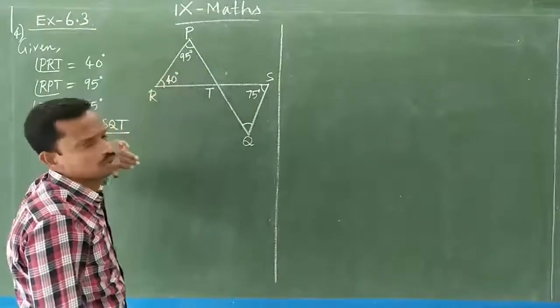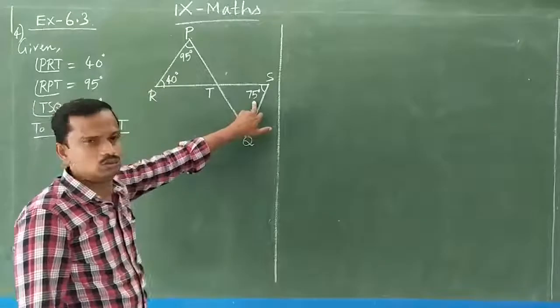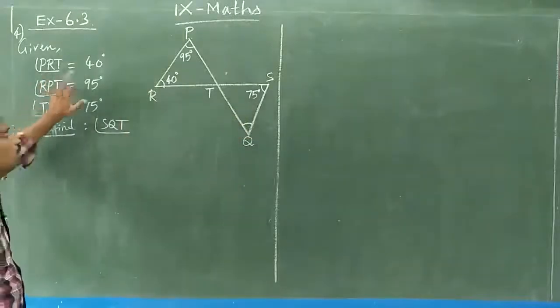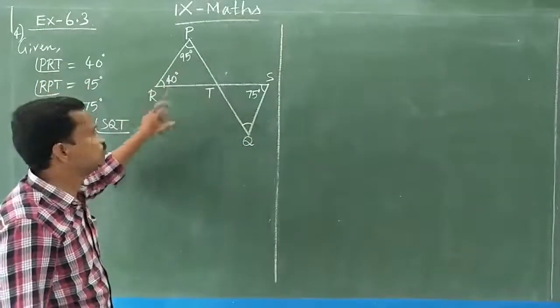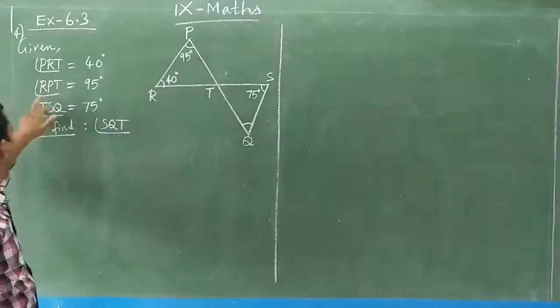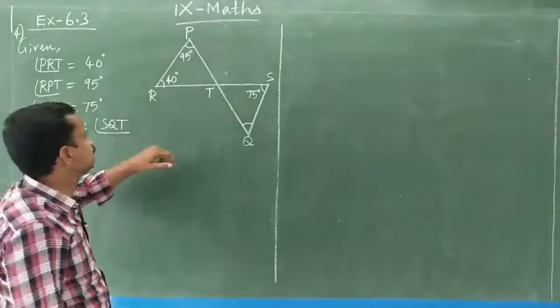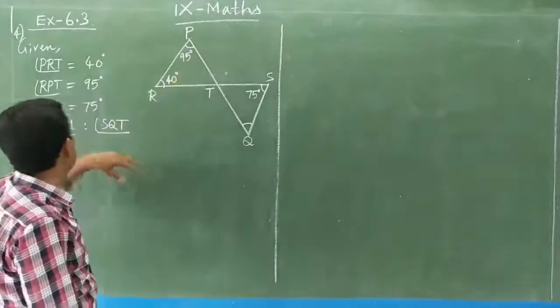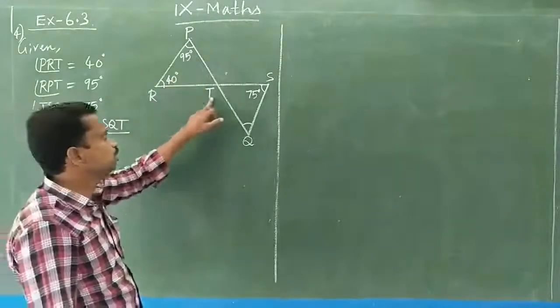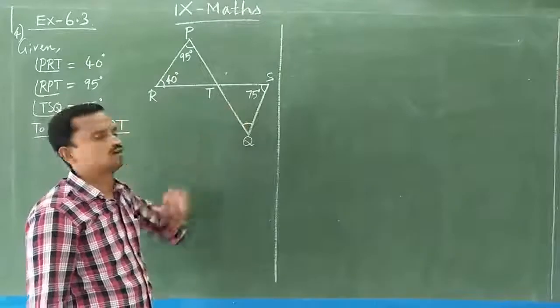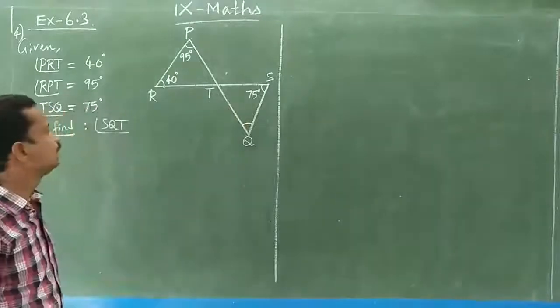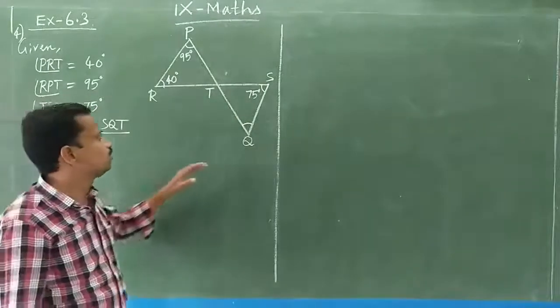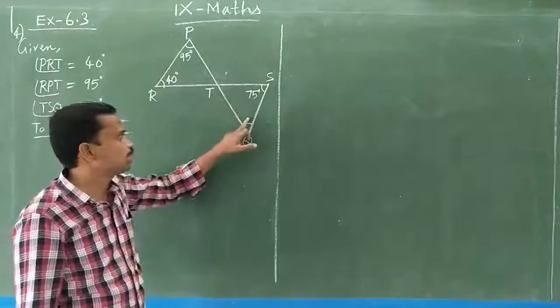These two angles are given and this one angle also given. You see here PRT, that is 40 degree, RPT 95 degree, that is this angle 95 degree, and PSQ, that is 75 degree. This is what given there, and the question is to find SQT, this angle.